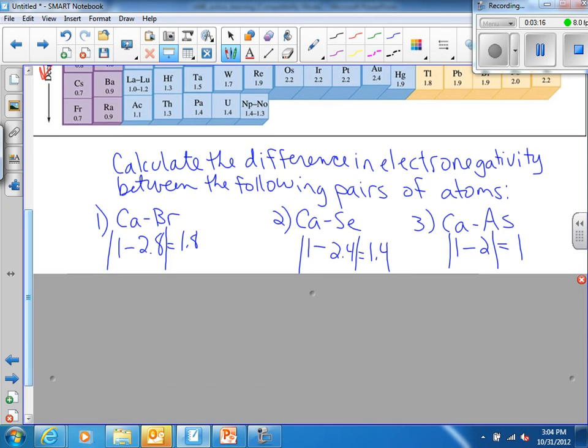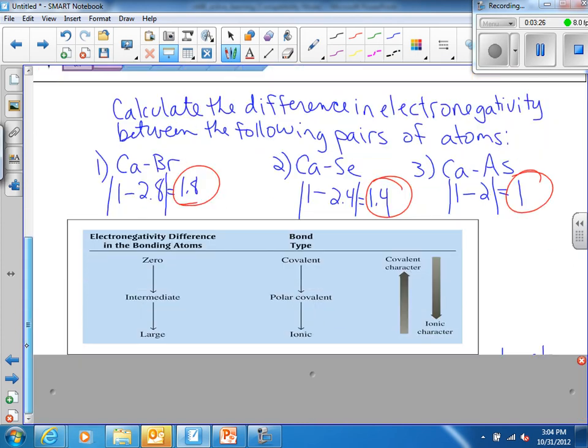We see between calcium and bromine, the difference is 1.8, calcium and selenium, 1.4, calcium and arsenic, 1. And when we talk about bonds, the differences in electronegativity tell you how much ionic or covalent character a bond has.